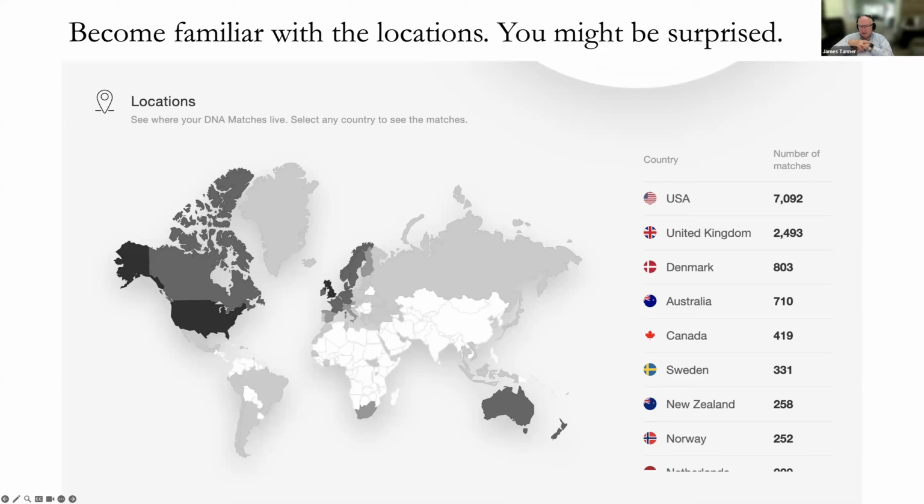I have never found anybody from New Zealand or from Norway. So when I'm getting down into those numbers, it's very possible that the results are showing a relationship that is rather remote and not even in the range of what we've got in the family trees.